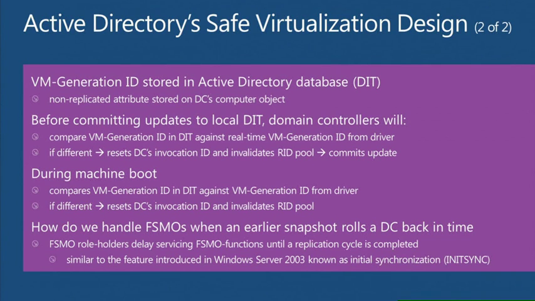The next update that happens will go through the same logic and check what's provided from the BIOS by the hypervisor platform against what's in our database. If they differ, it will automatically reject that transaction. That's one transaction that will get rejected, and it will reset by changing the invocation ID and resetting the RID pool so that we get a new RID pool.